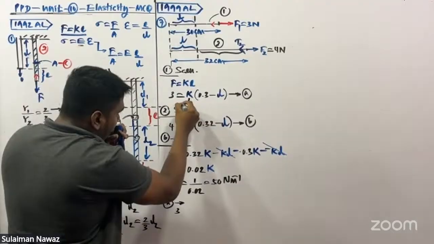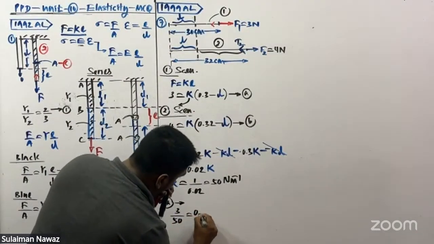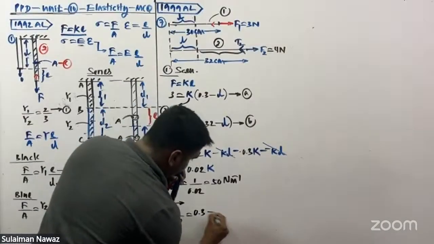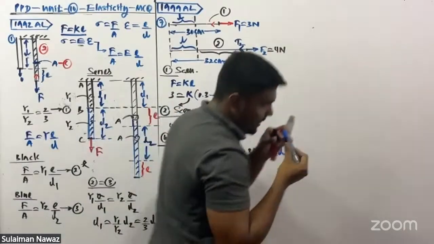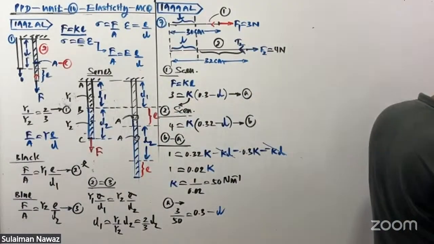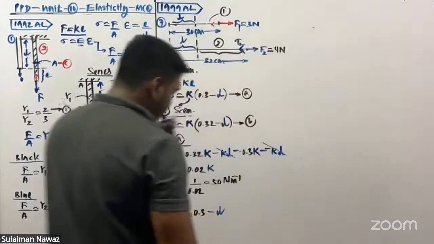I move this K to the left side. Then 3 over 50 must be equal to 0.3 minus L. Find the L value.